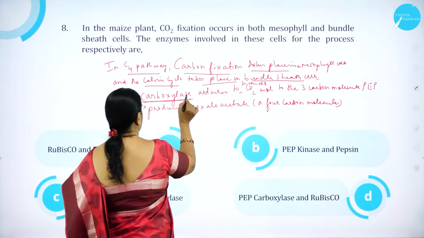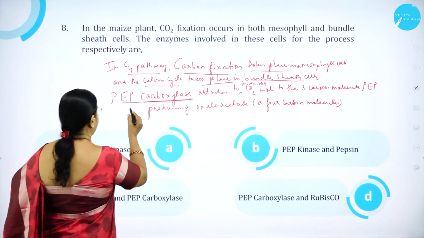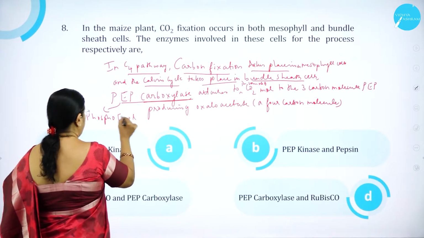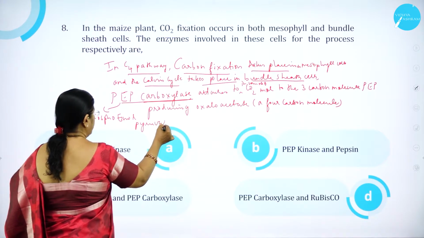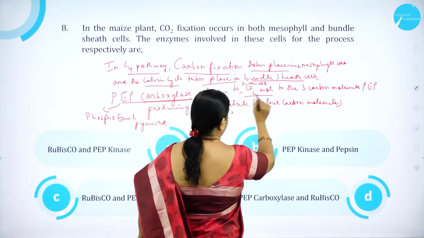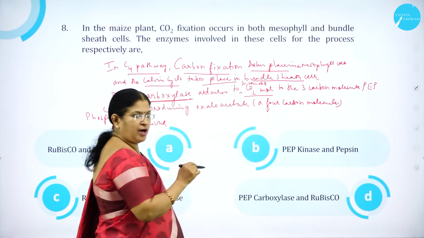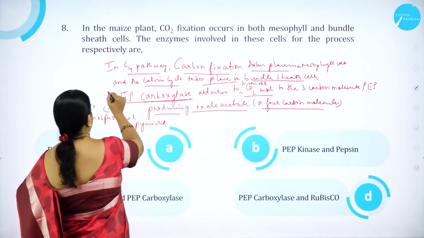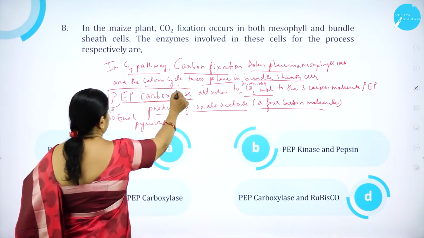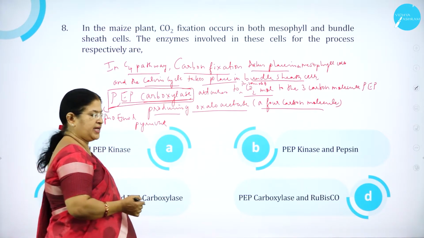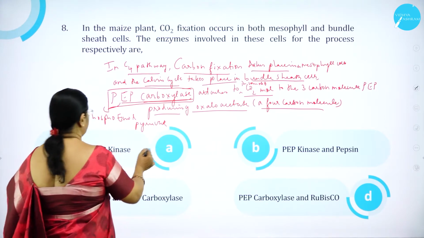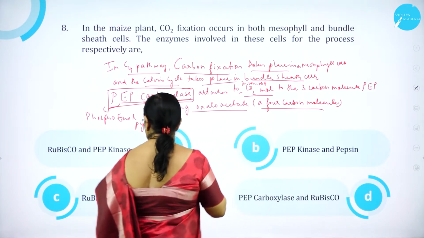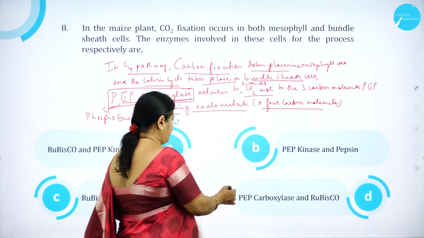PEP carboxylase, phosphoenol pyruvate carboxylase attaches the incoming carbon dioxide molecule to the 3-carbon molecule called PEP, producing what? Oxaloacetate, that is a 4-carbon molecule. So the enzyme involved is PEP carboxylase.